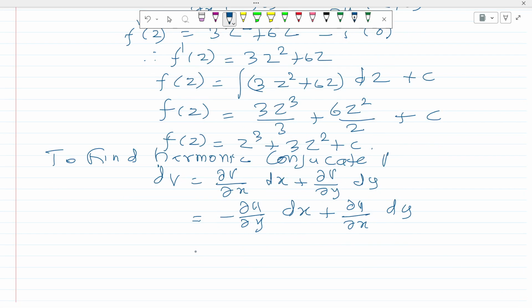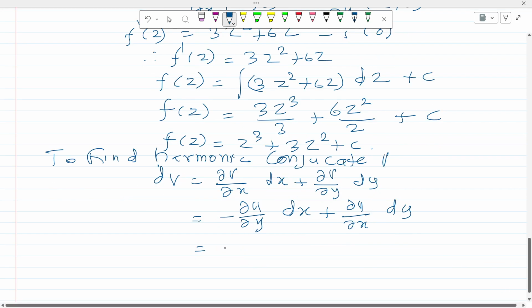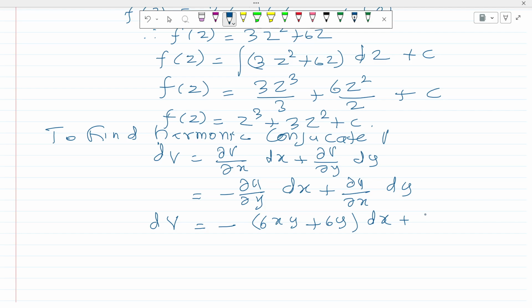Substituting the values here, minus ∂u/∂y, which is 6xy plus 6y, integrated with dx.